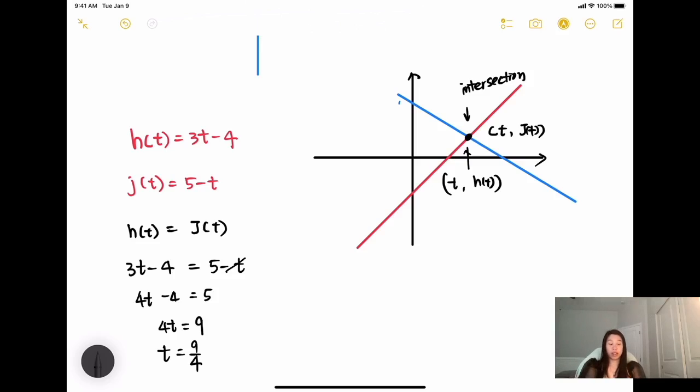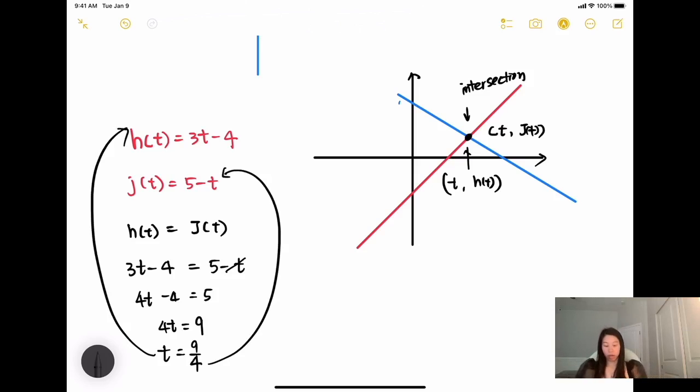After we find t, you can substitute into either h or j to find the y-coordinate of the intersection point. No matter which equation you plug in, you should get the same answer. So now let's plug into j of t.